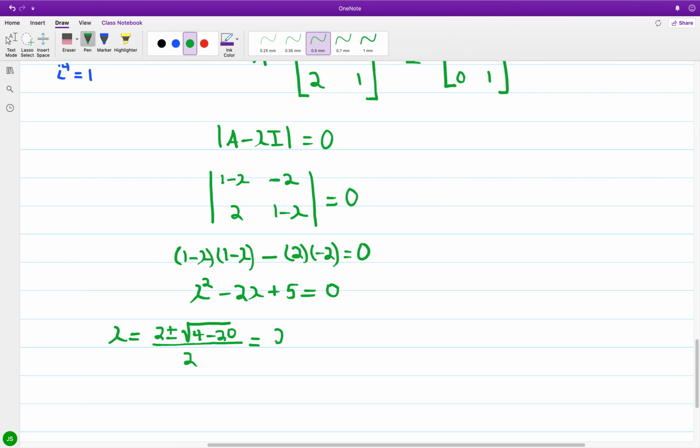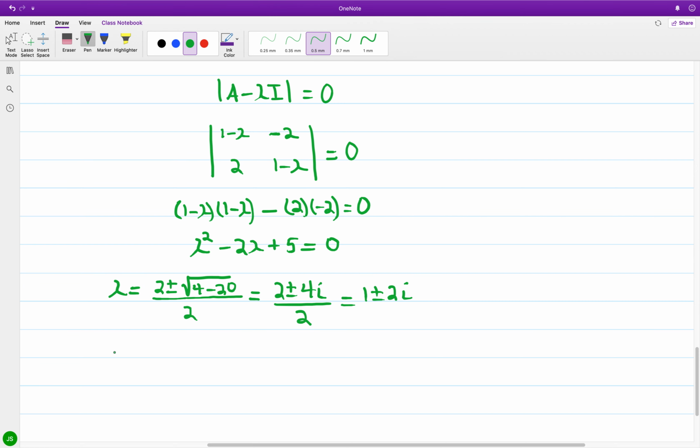So we're looking at 2 plus or minus the square root of -16, which will reduce to 4i, divided by 2. So we have 1 plus or minus 2i for the eigenvalues.